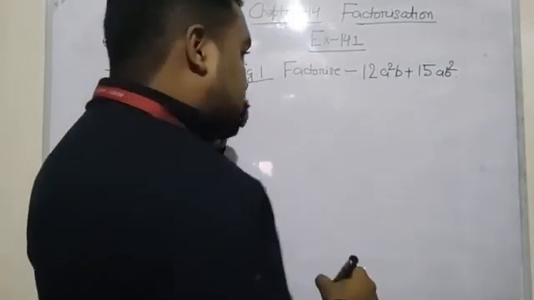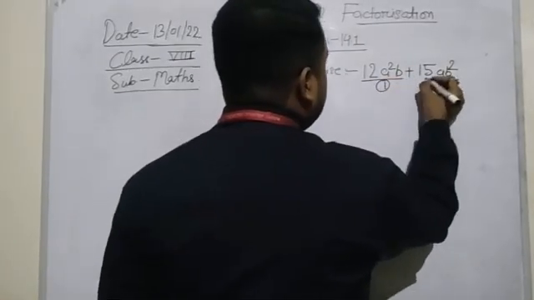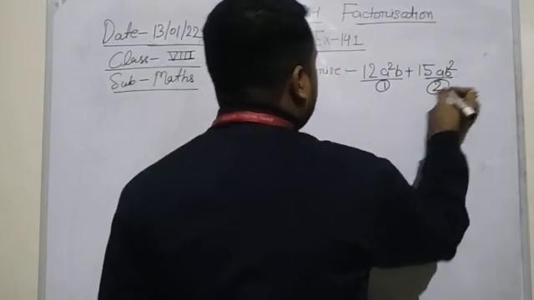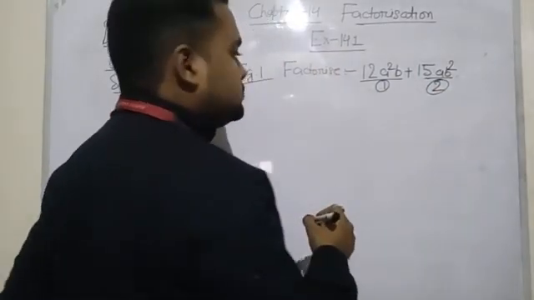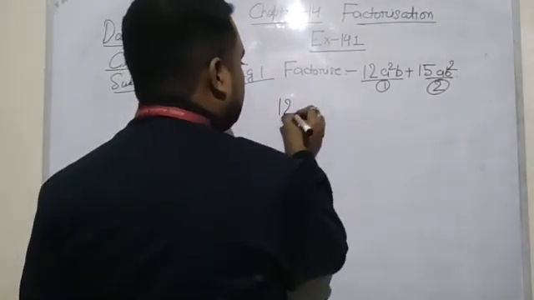So here we have two terms. First is 12a square b and the second is 15ab square. So first we factorize the first term, that is 12a square b.